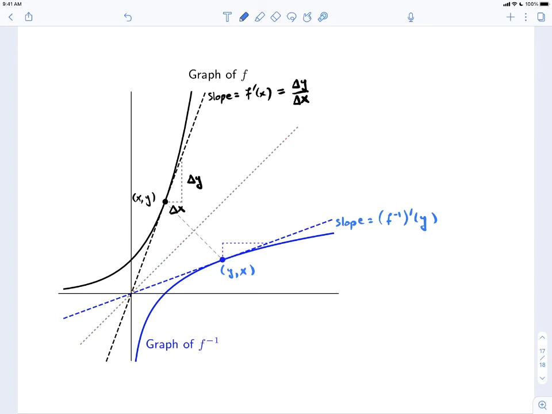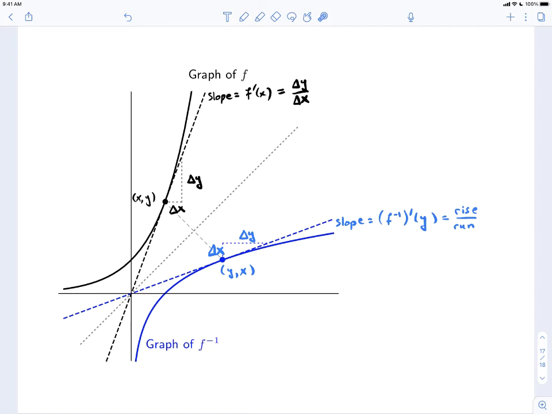So this length right here is delta x. And this vertical line segment becomes a horizontal line segment, so that's delta y. So the slope of this tangent line is going to be the rise over run.